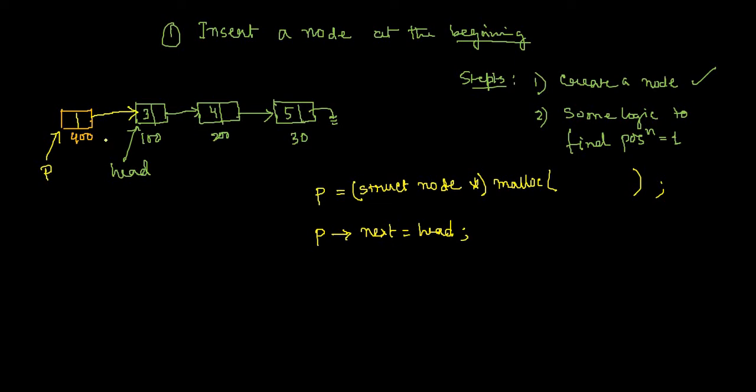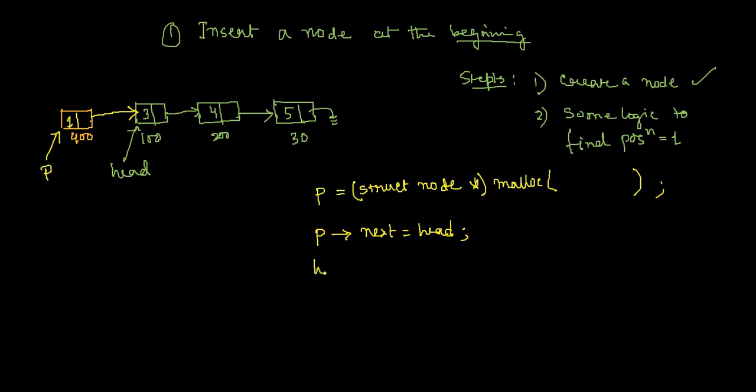But the problem is still not resolved. If you leave it with just these two statements, your head is not changed. So when you call the display function, it will start displaying from head, obviously, that is 3, 4, 5. Even if the value 1 is there, it will not get reflected, because head was not updated.